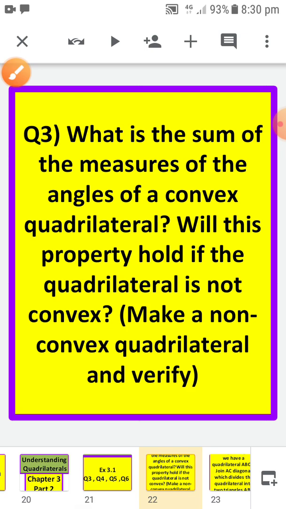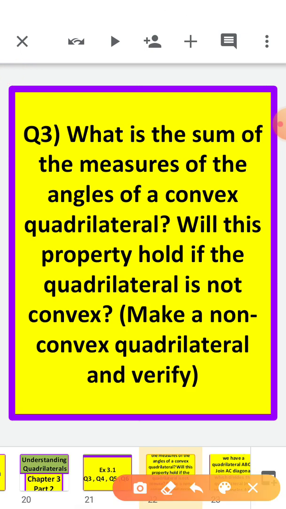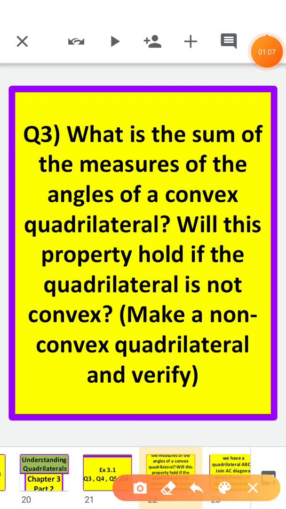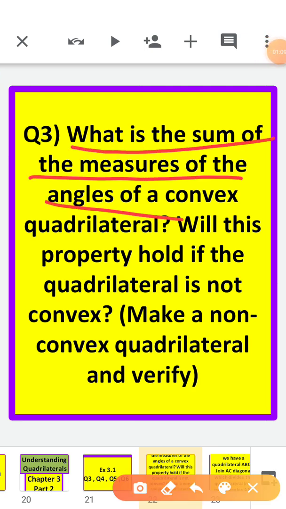Now, this is question number 3. Let's see what is there in question number 3. What is the sum of measures of angles of a convex quadrilateral? Now what is a convex quadrilateral, children? First of all, quadrilateral means a four-sided figure.